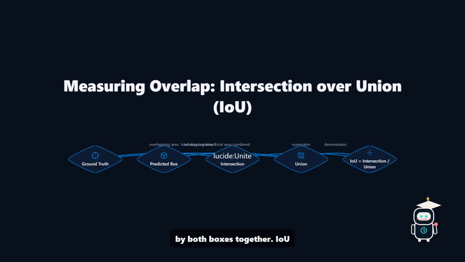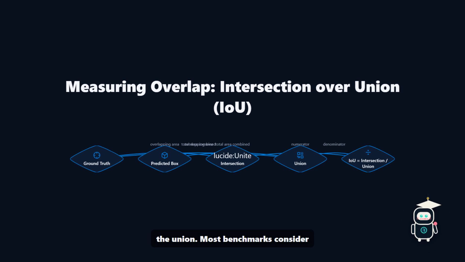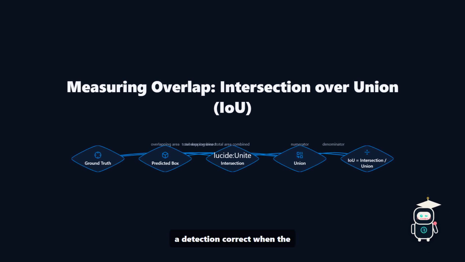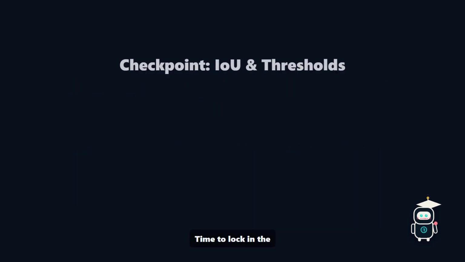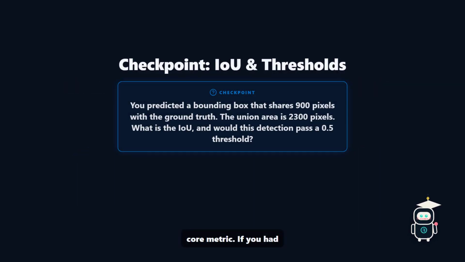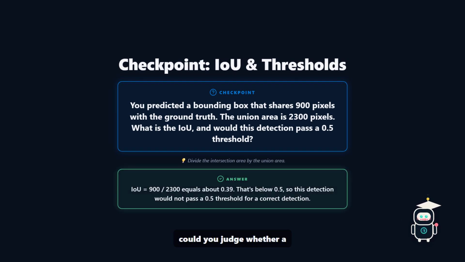IOU is the intersection divided by the union. Most benchmarks consider a detection correct when the IOU is at least 0.5. For high-precision tasks, you may raise that threshold, but 0.5 is the standard. Time to lock in the core metric. If you had to calculate it right now, could you judge whether a detection passes?